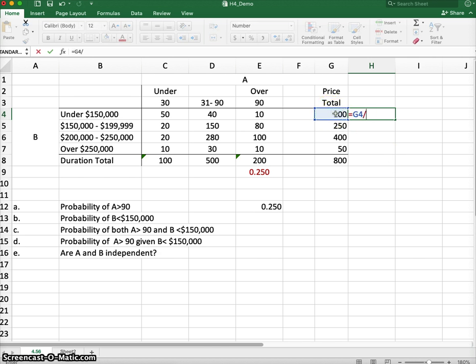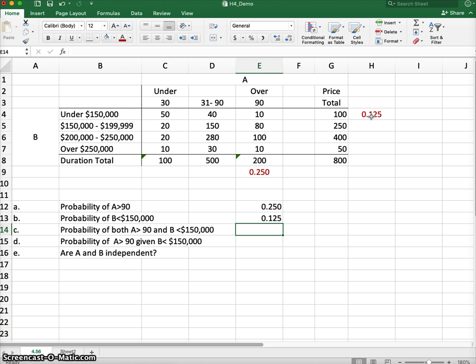This divided by the total is 0.125. Okay, so the answer to that question is the probability that the house will be listed for less than $150,000 is about 12.5%. Okay, simple, simple.